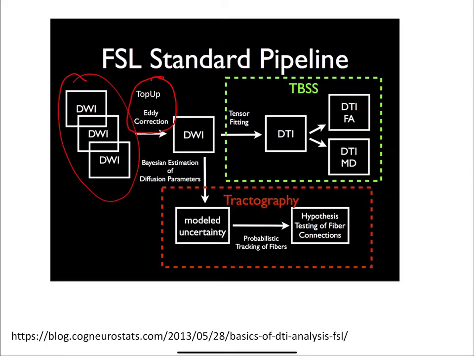One is you can just do tensor fitting using DTIFIT, which is what they use. Then you can get fractional anisotropy, mean diffusivity, and come up with all those nice maps. So why would you do this, given all the problems we've talked about with DTI?